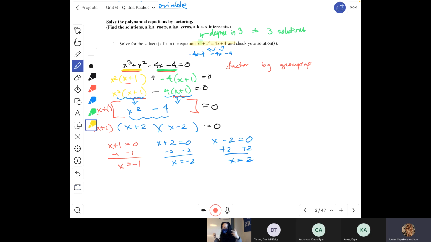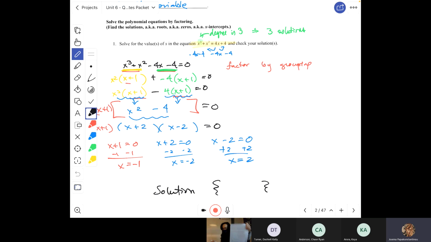Go ahead and do that and tell me, are each of these true solutions, valid solutions, or are any of them extraneous that we have to omit from the solution set? Check them. Do they work?